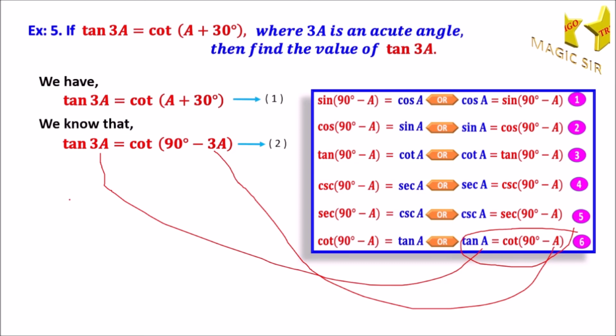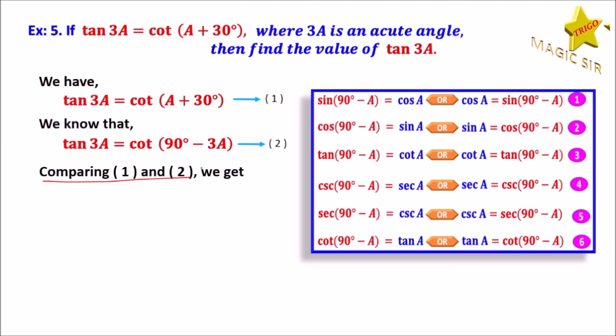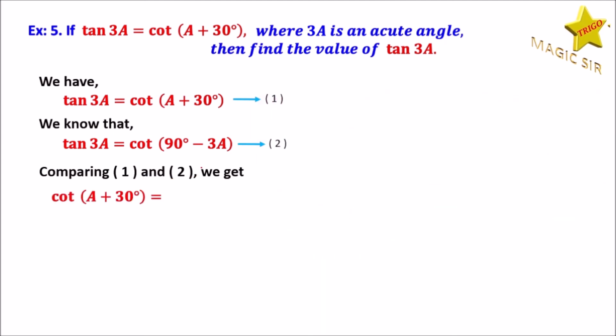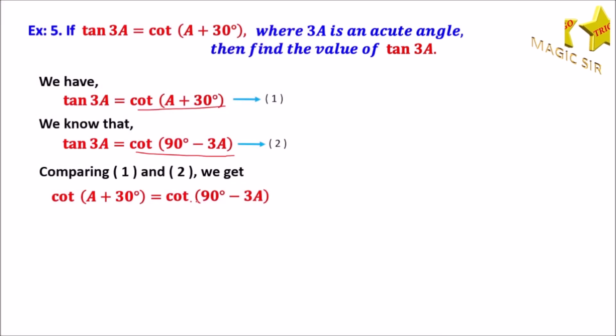Comparing equation 1 and equation 2, we get cot A plus 30 degrees is equal to cot 90 degrees minus 3A. Therefore, A plus 30 degrees is equal to 90 degrees minus 3A.